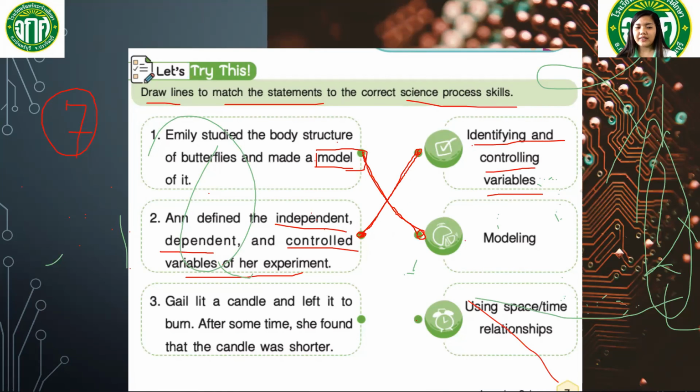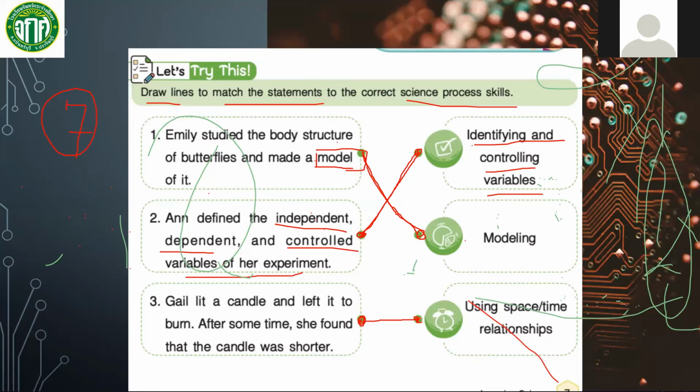How about in number 3? Gail lit a candle and left it to burn. After some time, she found that the candle was shorter. What is the correct answer? It is the last one because we don't have other options.